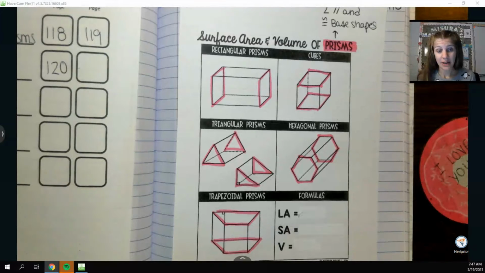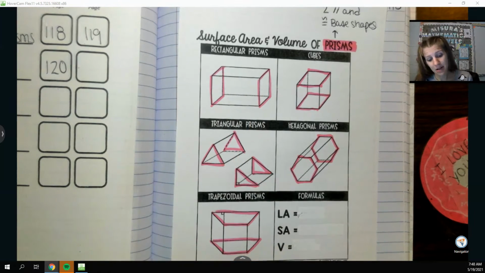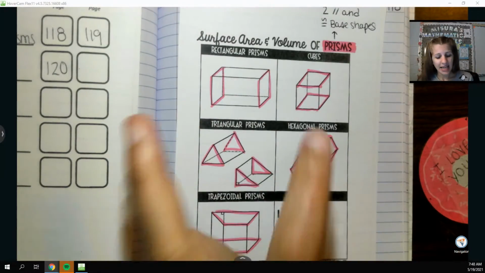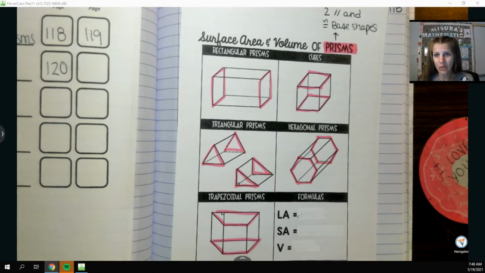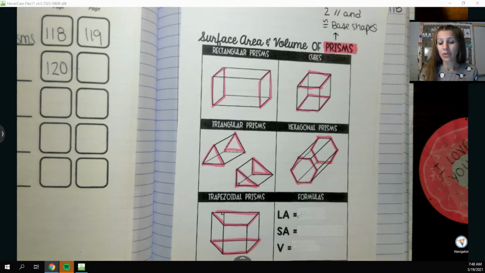Now, I will tell you, when you're dealing with something that is rectangular or square, it can be tricky to identify what your bases are, because maybe you weren't thinking it was side to side here. Maybe you were thinking it was top to bottom. With rectangular prisms and cubes, it doesn't matter so much. But with other shaped prisms, like triangular, hexagonal, trapezoidal, it is more important.